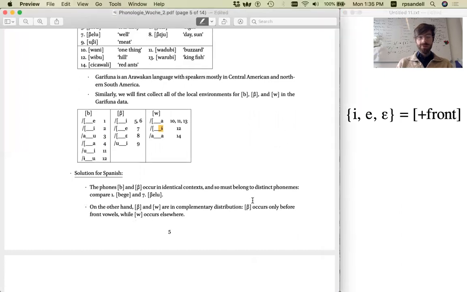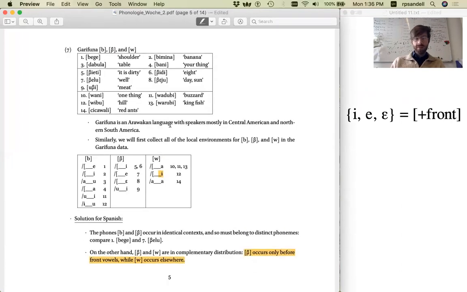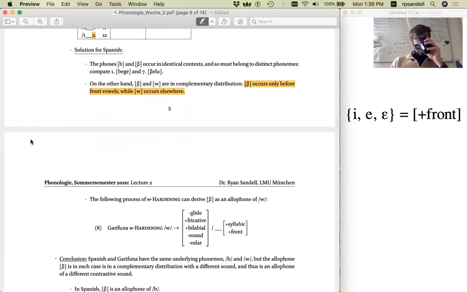The complementary distribution we can describe as saying that the fricative va occurs before front vowels, while wa occurs elsewhere. We find it before non-front vowels. So it would be nicer to have some data here in which it occurs before a back vowel, but we couldn't easily find some data points reflecting that.